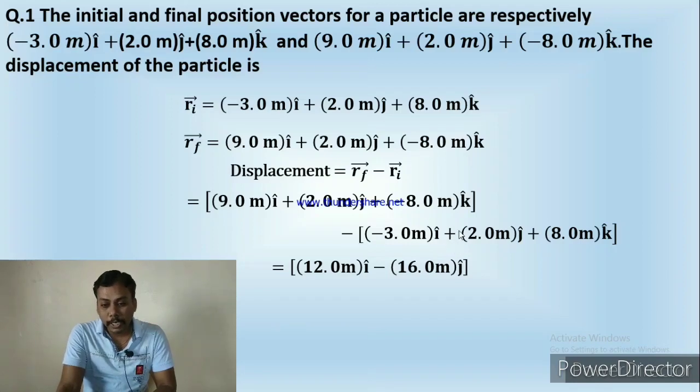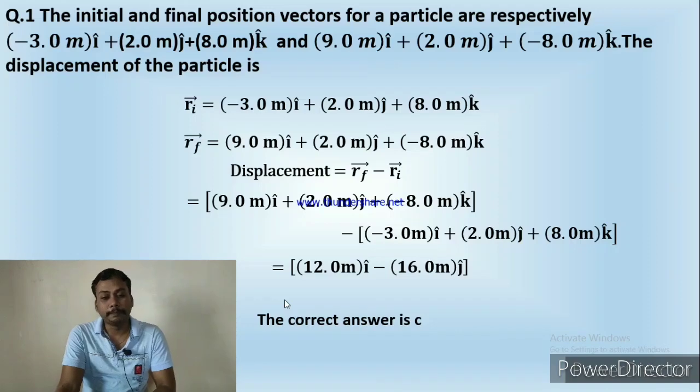Here plus 2 is there, so due to the negative sign it becomes minus, so 2 minus 2 becomes 0. Now minus 8 minus 8 becomes minus 16, so the final answer is 12.0 meter i cap minus 16 meter j cap, and hence the correct answer is option C.